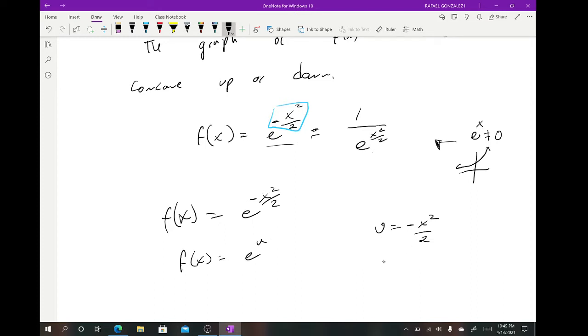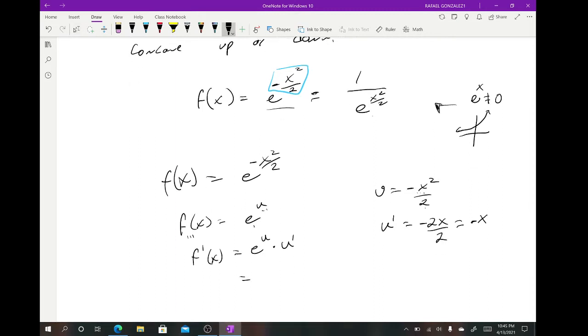And then I'm going to find the derivative of u. The derivative of u, or u prime, is the derivative of negative x squared over 2. Well, by the general power rule, you bring down the 2. There's going to be negative 2x divided by 2. But the 2's cancel out, so this is minus x. Well, if you take the derivative of f, we'll take the derivative of e to the u, but the derivative of e to the u is e to the u times u prime by the chain rule.